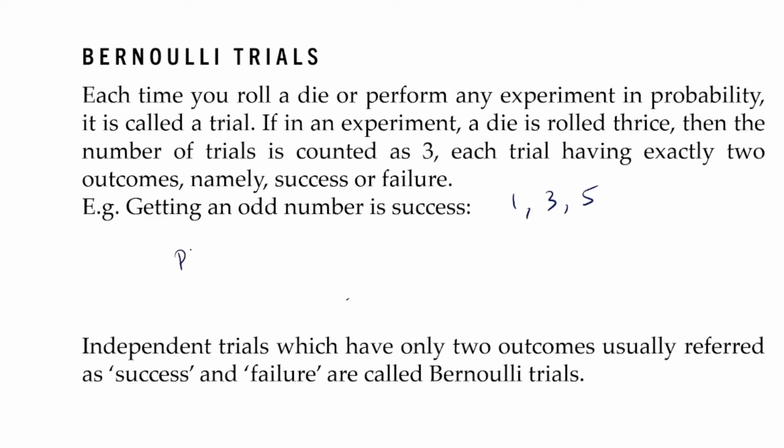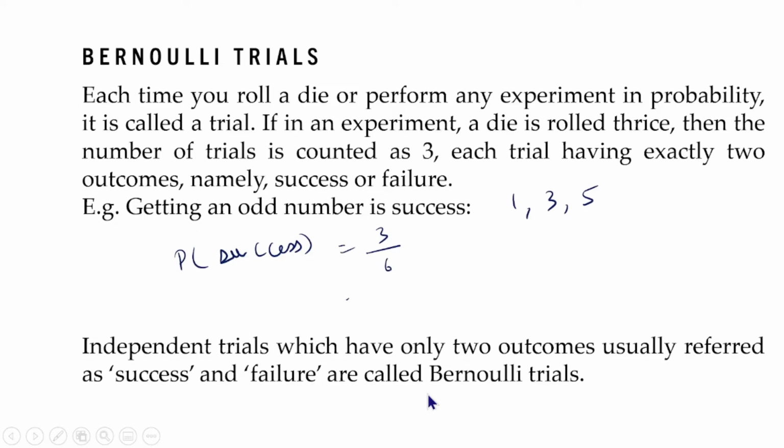So the probability of success is equal to 3 upon 6. However many times we roll the die, if getting an odd number is a success, the probability of success will remain the same. Such trials are called Bernoulli trials.